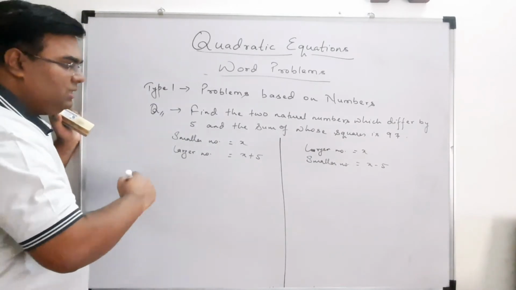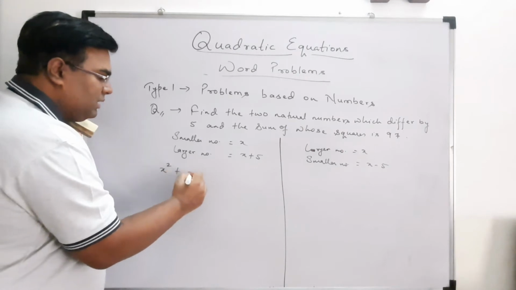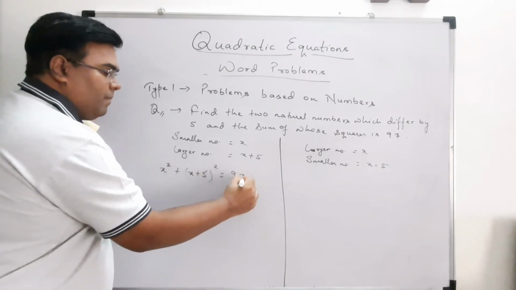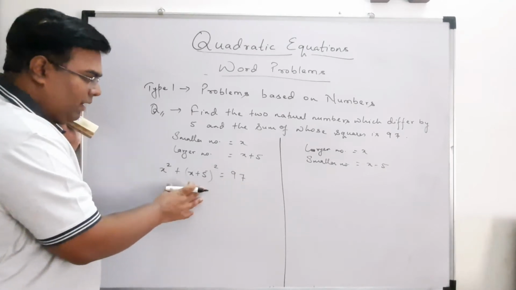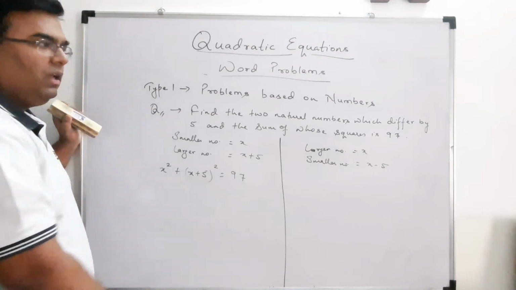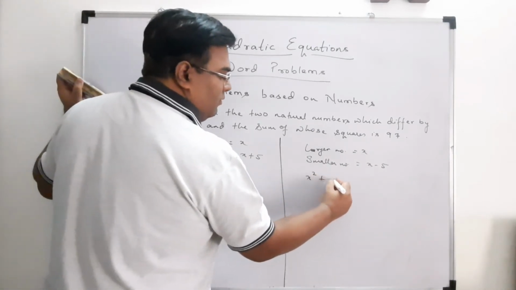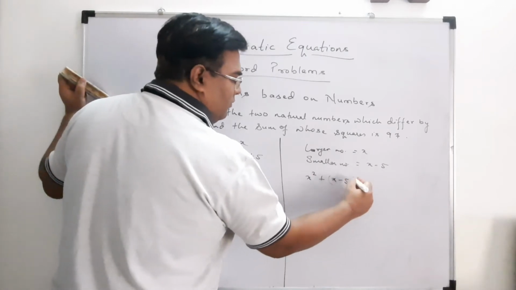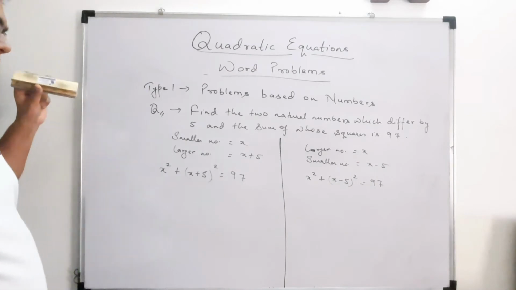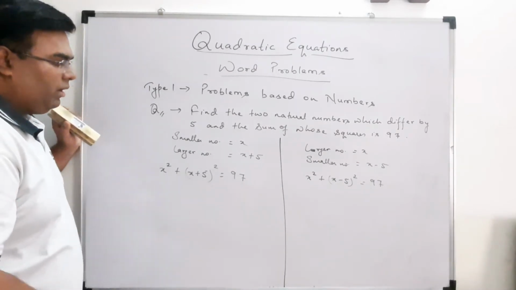In both cases my equation is: the square of the smaller number plus the square of the larger number gives 97. Now we need to just expand this and solve the quadratic equation.